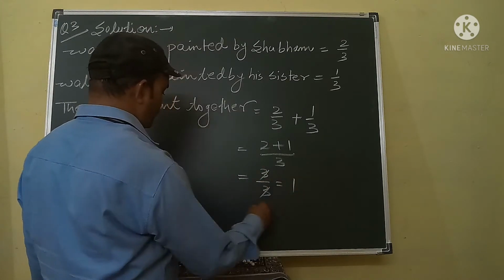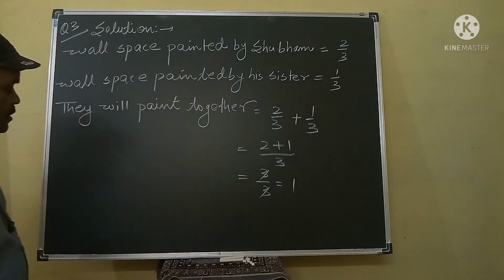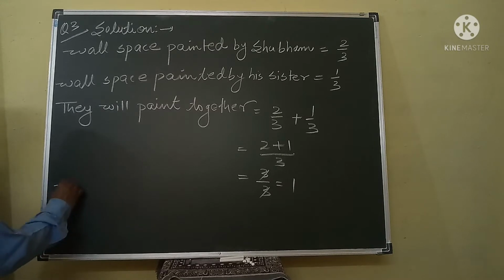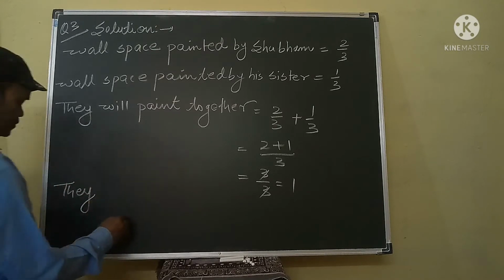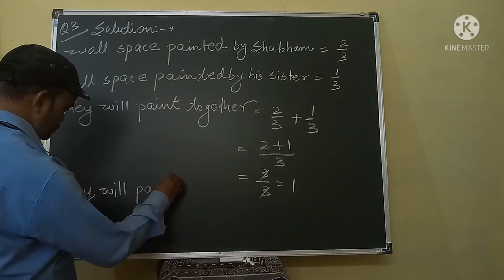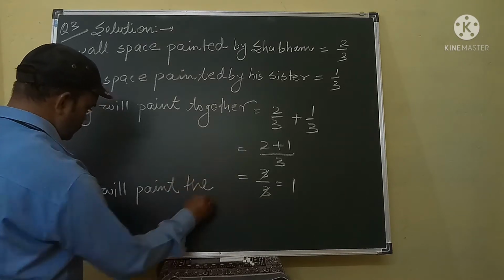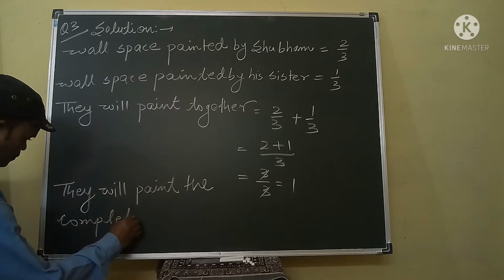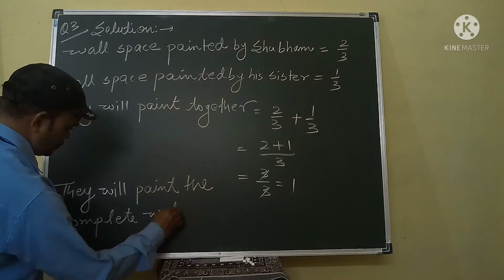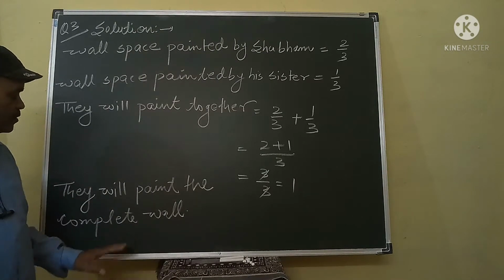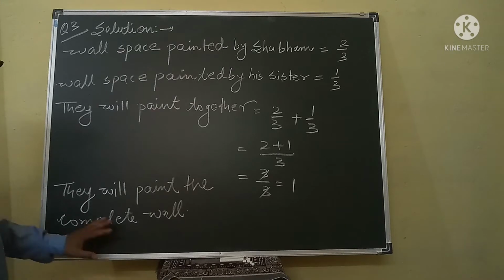After cancellation you will get 1. That means they will paint the complete wall. So this is the required answer for the required question.